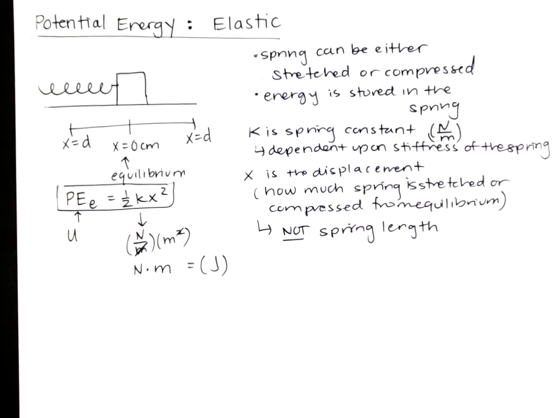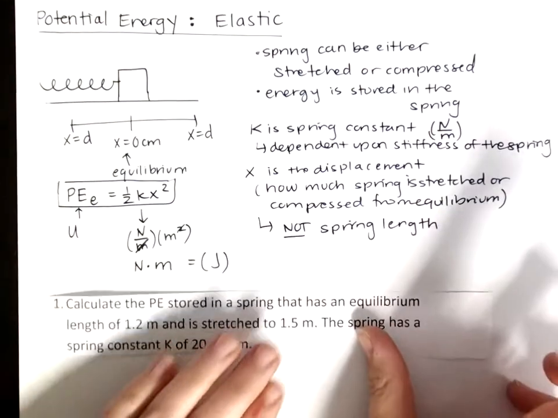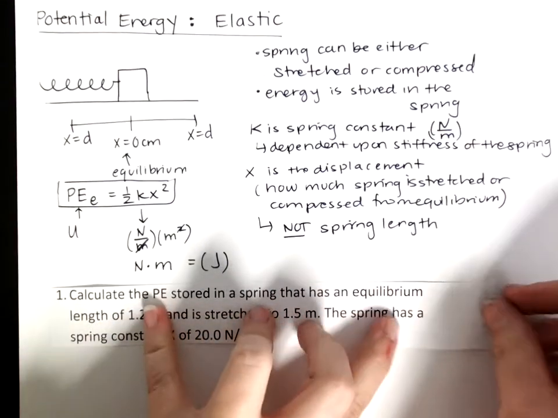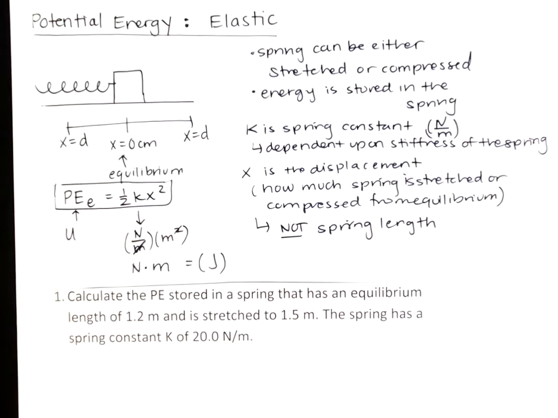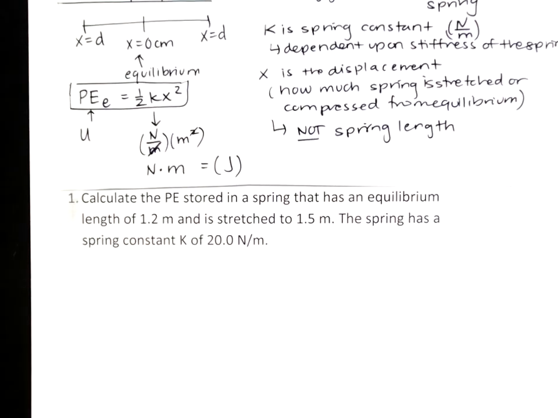Okay, so let's do our first example. Let's calculate the potential energy stored in a spring that has an equilibrium length of 1.2 meters and is stretched to 1.5 meters.